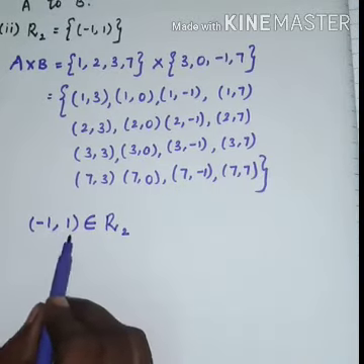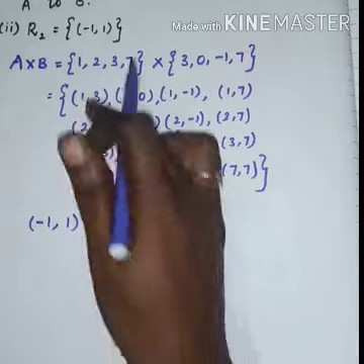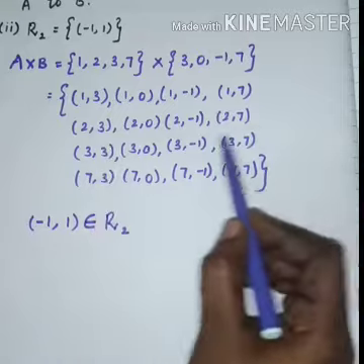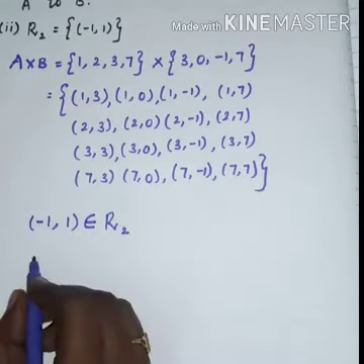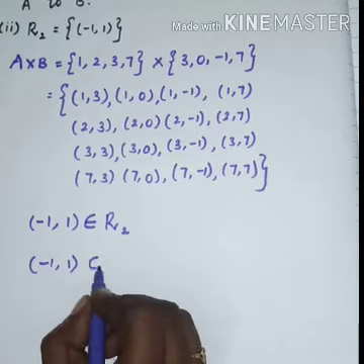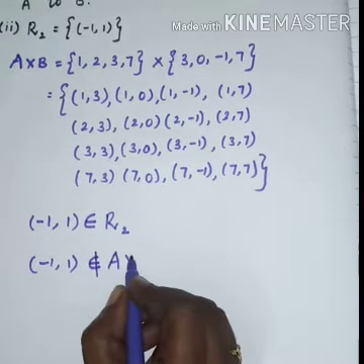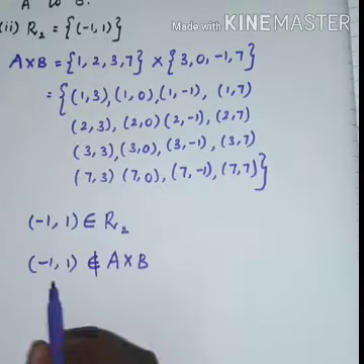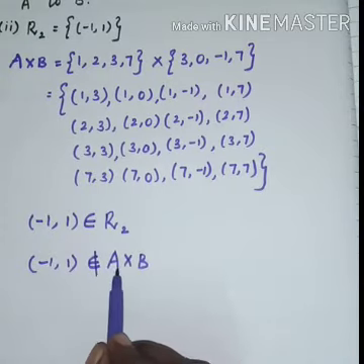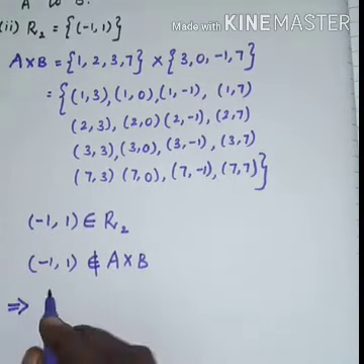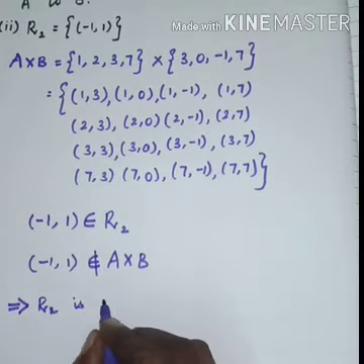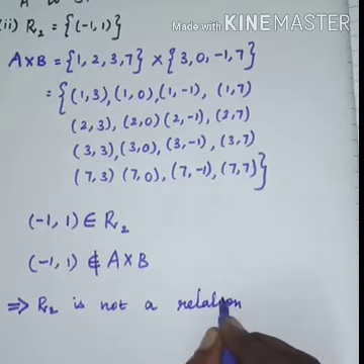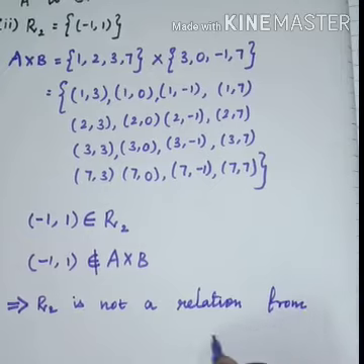We have to check whether this (-1, 1) belongs to A cross B or not. (-1, 1) does not belong to A cross B because there is no such element (-1, 1) in A cross B. So (-1, 1) does not belong to A cross B, which implies R2 is not a relation from A to B.